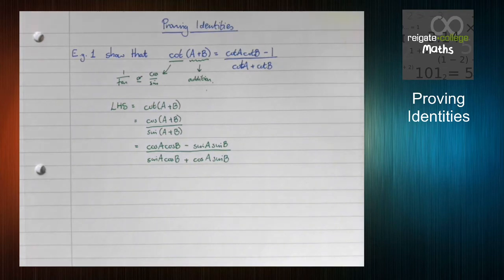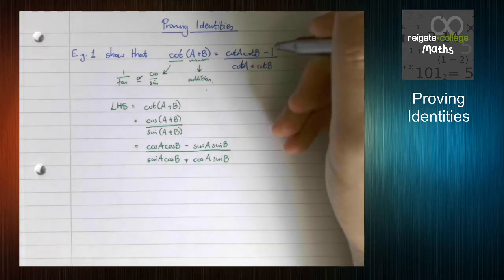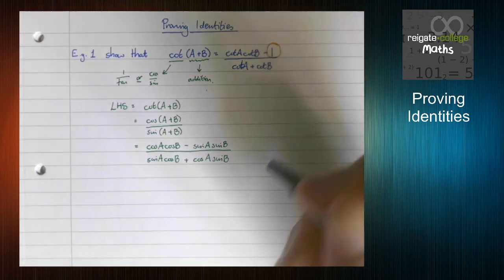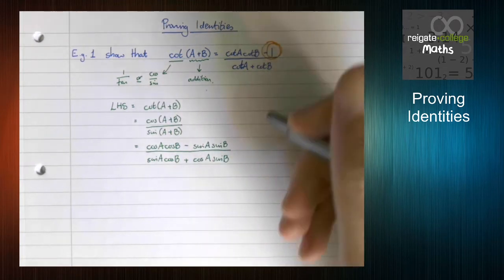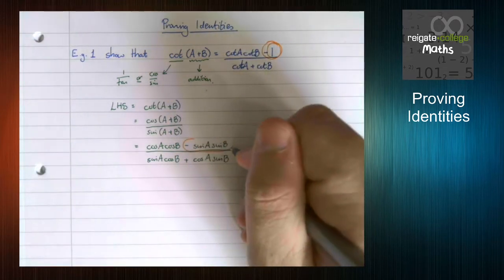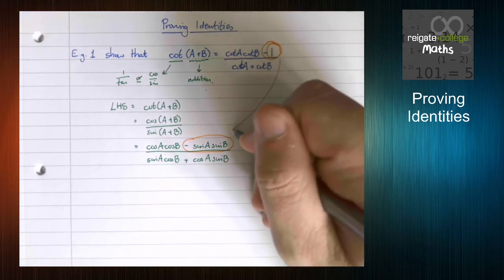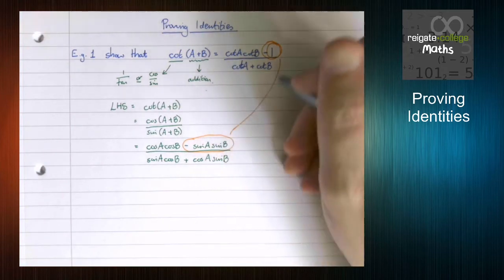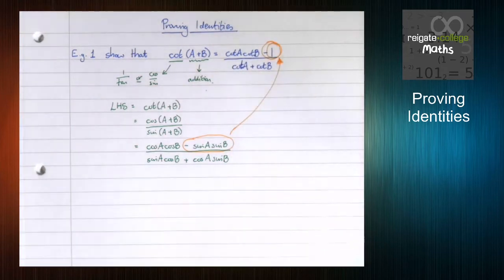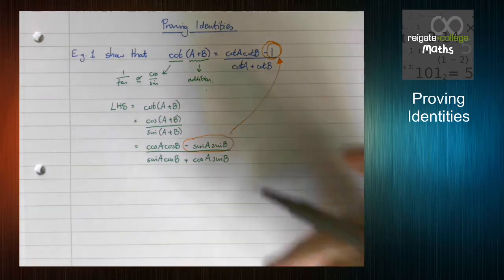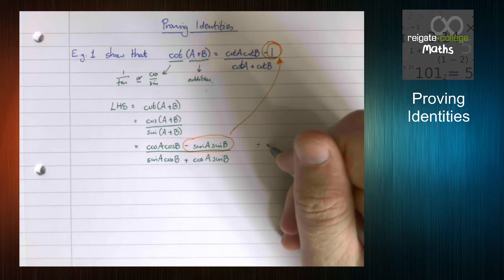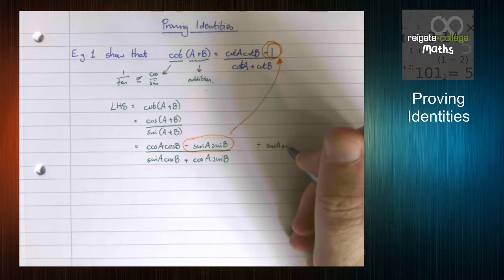Well, let's look at what we're trying to get to. We have a minus 1 on the top, and we've got a minus something here. So we want this minus something to become a 1. How do we make something be 1? Divide it by itself. So we're going to divide top and bottom by sine A sine B.